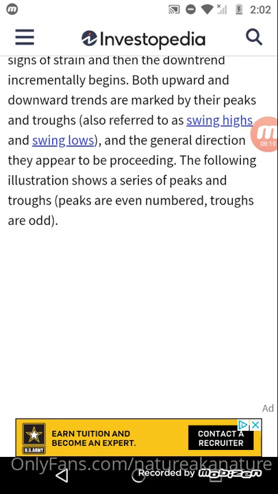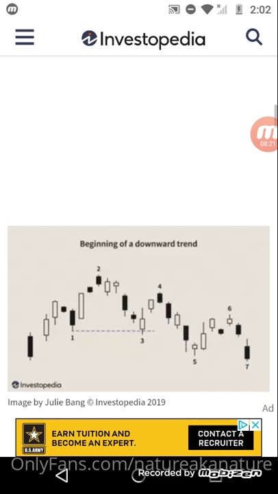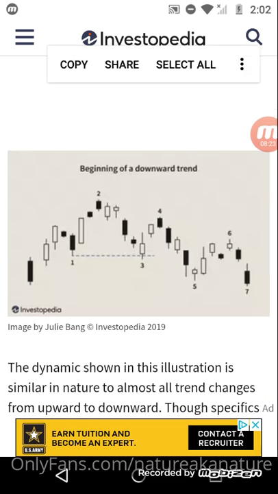So at the beginning of the downtrend, it started dropping, peaked up at number 2, then dropped down at number 3 and made a double bottom. This is considered a double bottom, another double pattern formation.